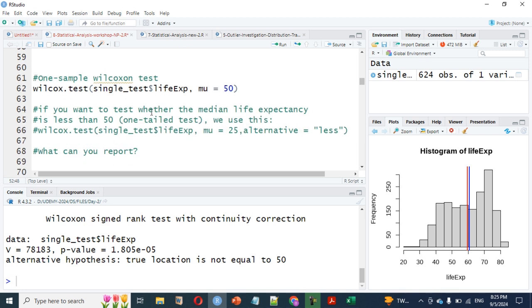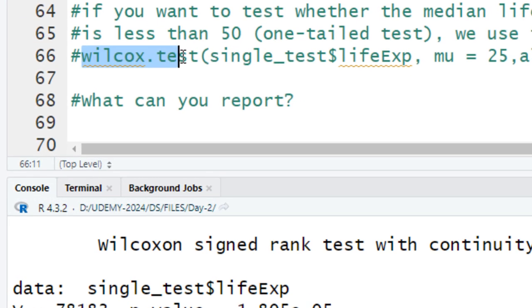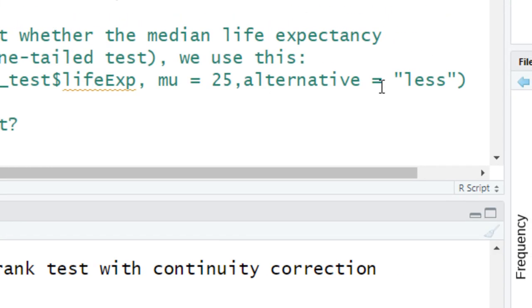If you want to test whether the median life expectancy is less than 50, that is a one-tail test, you can do that as well using the same method. We use the same formula and pass mu equal to, say, 25. Both less than and greater than are possible. We set alternative equal to less, which means we are looking at one tail. The default is a two-tail test.